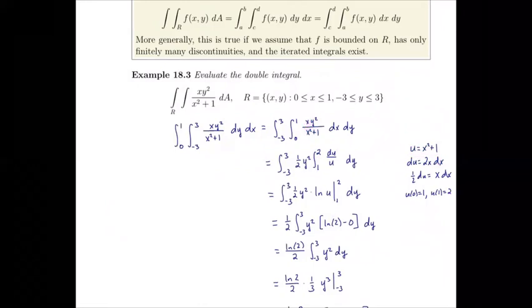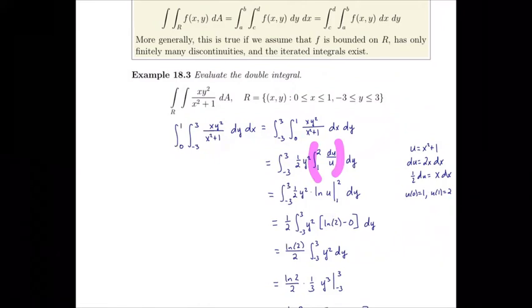So with our changed limits of integration from 1 to 2 and our substitution for u and x dx, we have du over u. This 1/2 was part of this 1/2 right here. And y squared is a constant with respect to u. So we're really just integrating this portion for now, inside the other integral.